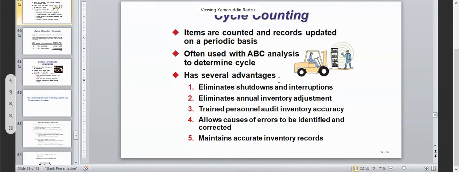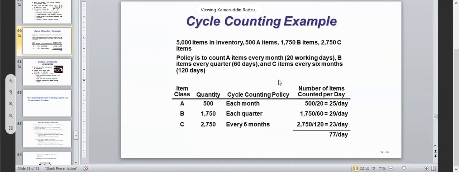Baik, kat mana kita tadi? Okay. Example of cycle counting. For example, here we have 5,000 item. So from the 5,000 item, we have 500 item classifying under A class, class A, and 1,750 unit is a B item, and the rest of the item 2,750 is C item.